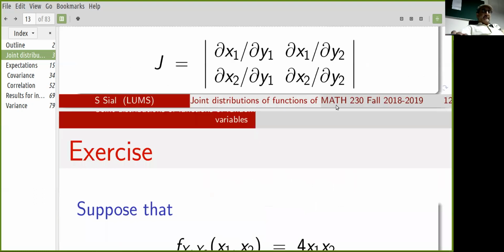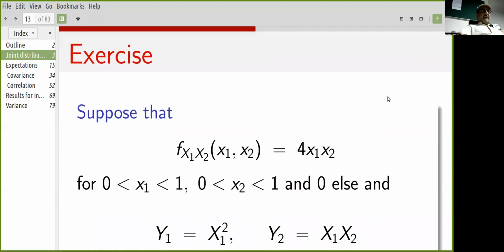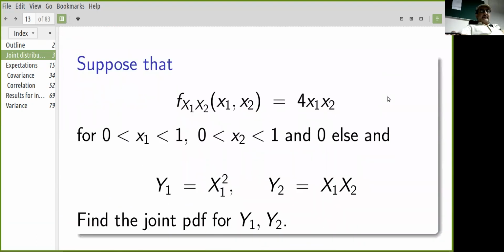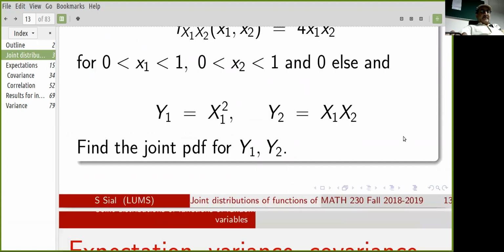Okay. So suppose that f sub x1, x2 of x1, x2 equals 4 x1 x2, where x1 goes between 0 and 1, x2 goes between 0 and 1, and you get 0 for the joint PDF otherwise. And let's say you make this transformation: y1 equals x1 squared, y2 equals x1 x2.